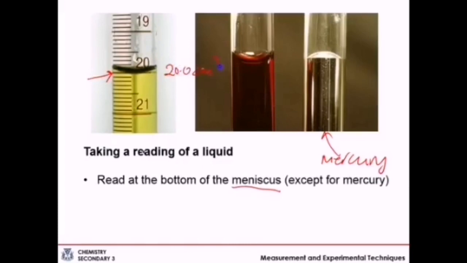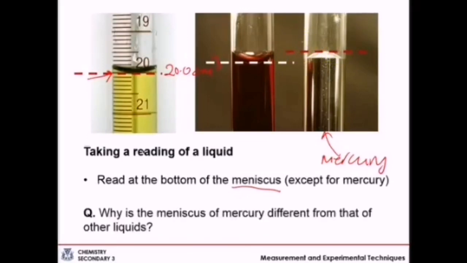You can see that we have two different liquids. For one liquid, the level is near about 20.0 centimeter. For the mercury, it is above the marginal line, which is definitely more than 20. So always keep in mind that for mercury the meniscus is upward, at the upper level, and for other liquids the meniscus is lower.